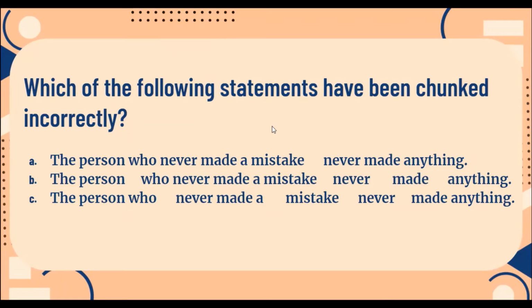The first one: the person who never made a mistake never made anything. B: the person who never made a mistake, never made anything. C: the person who never made a mistake, never made anything. B and C. Yes. B and C, definitely. When you read it, you can spot it more naturally.